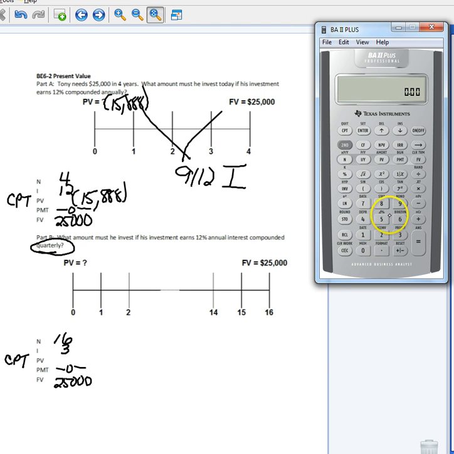Okay, so 16 is N, 3 is I, 0 is payment, 25,000 is future value, compute present value, 15,580.